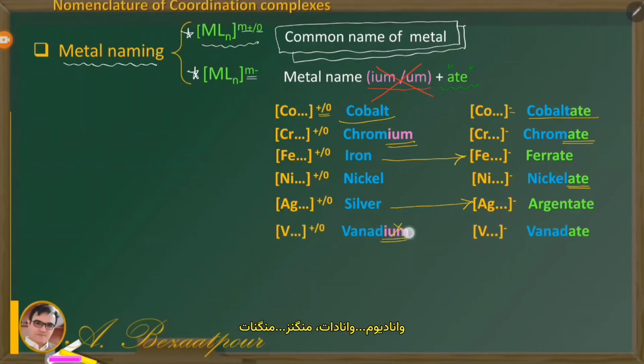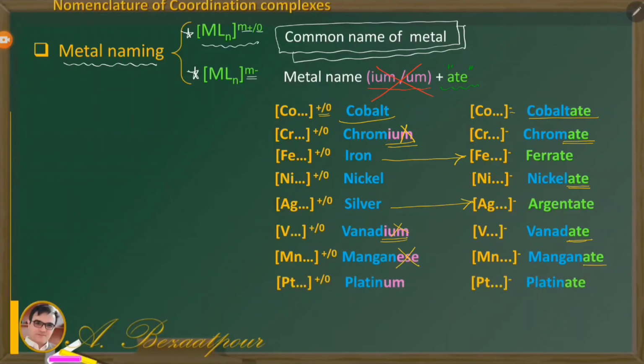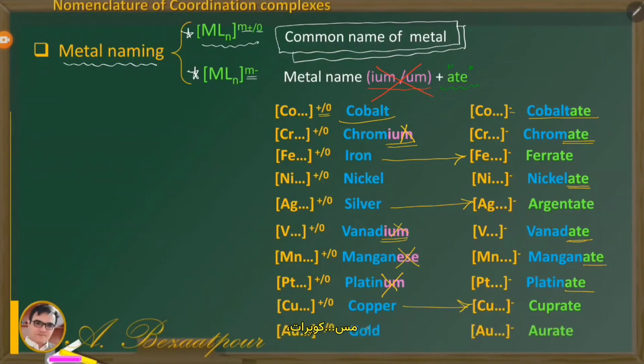Vanadium, vanadate. Manganese, manganate. Platinum, platinate. Copper, cuprate. And gold, aurate.